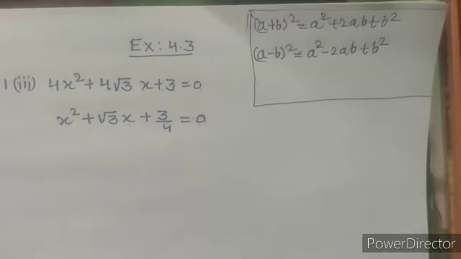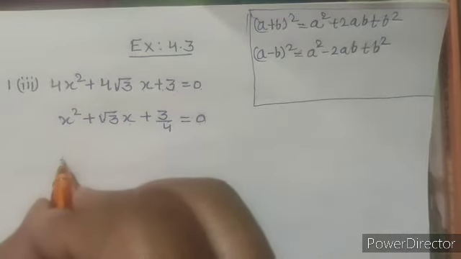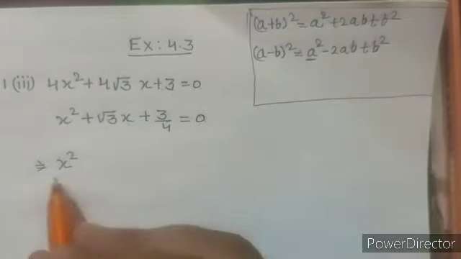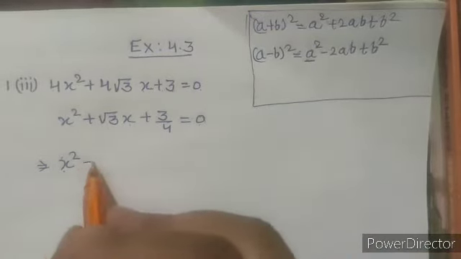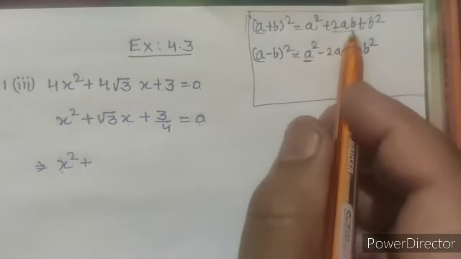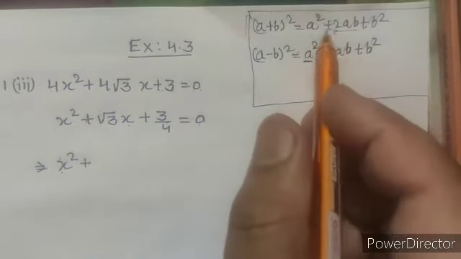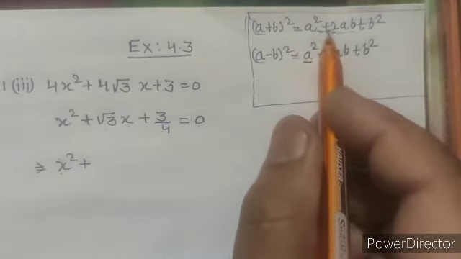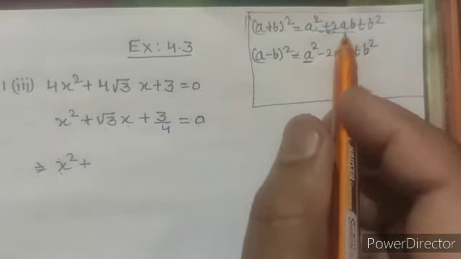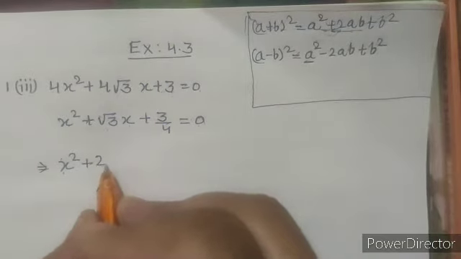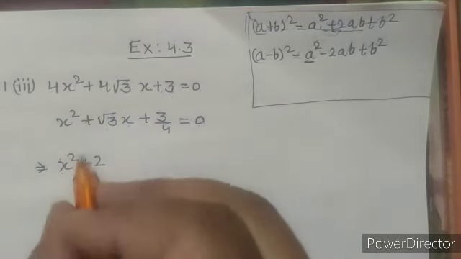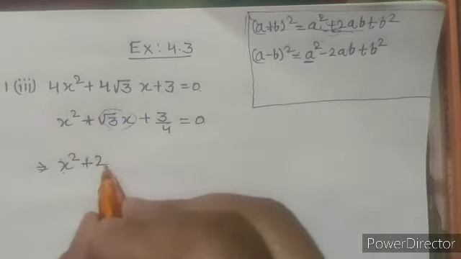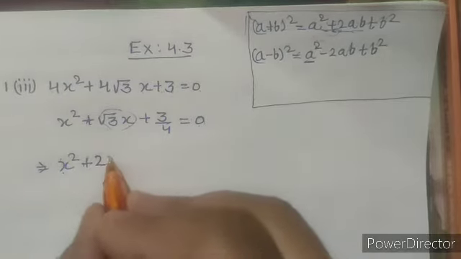Now here the first term is x square, that means a square is already with us. Now next term should be 2ab. Here it is positive, so we will take a plus b whole square. Now the next term should be positive, and that should be equal to 2ab. Now this is 2. Here we will take the positive and negative sign from this coefficient of x. Now this will be 2a. A was x.